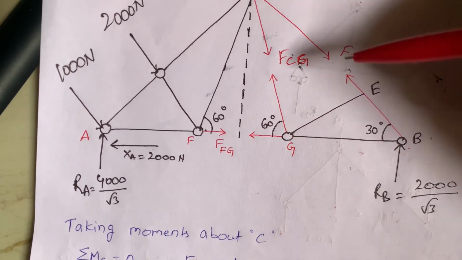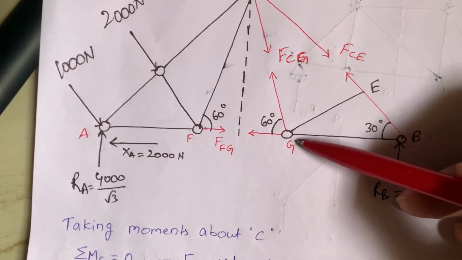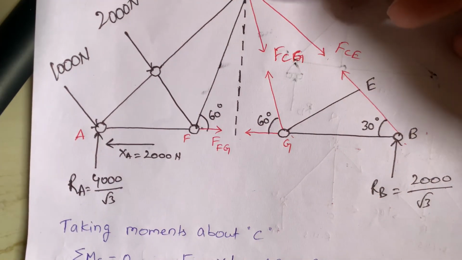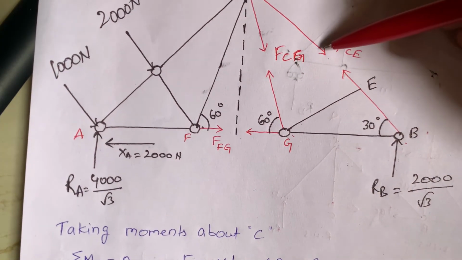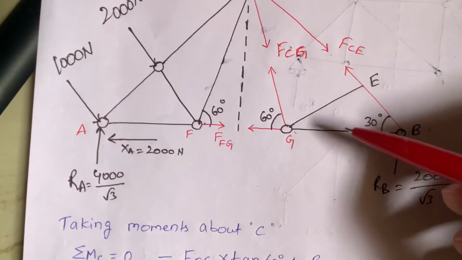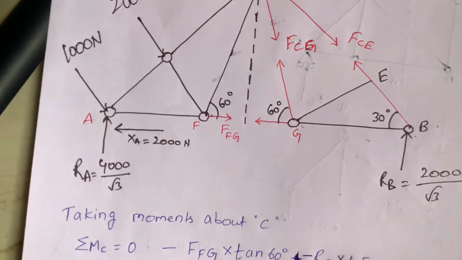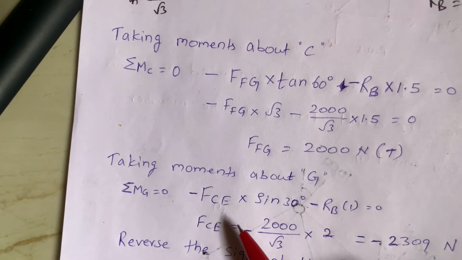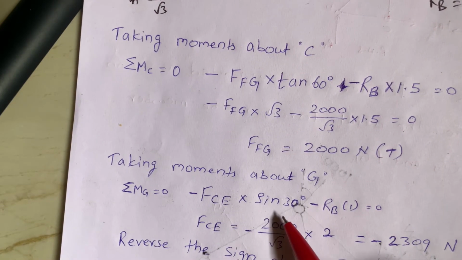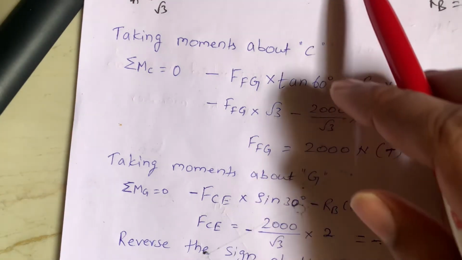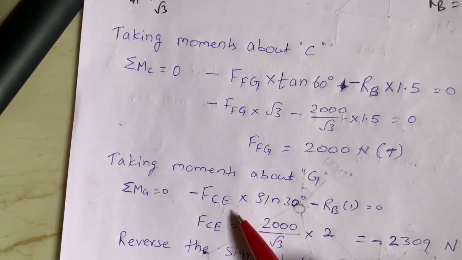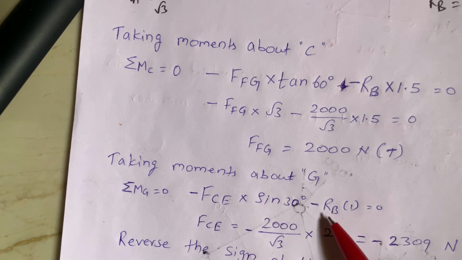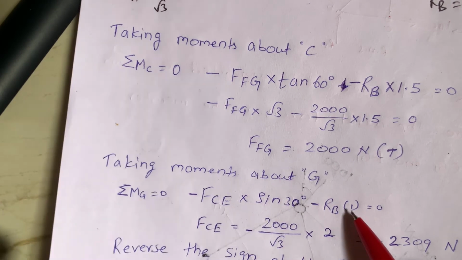So here we are taking moments at G, so perpendicular distance from this section C to this G is this one. That is nothing but FCE into 1 into sine 30. Here this is 1. So FCE into perpendicular distance is 1 into sine 30 minus RB into 1.